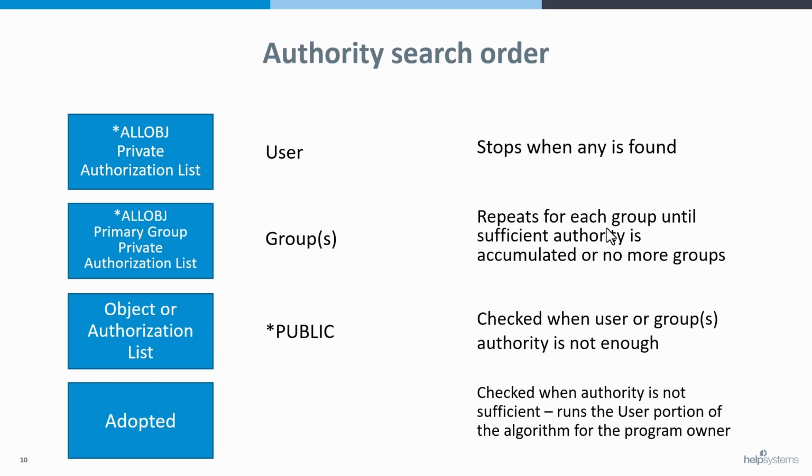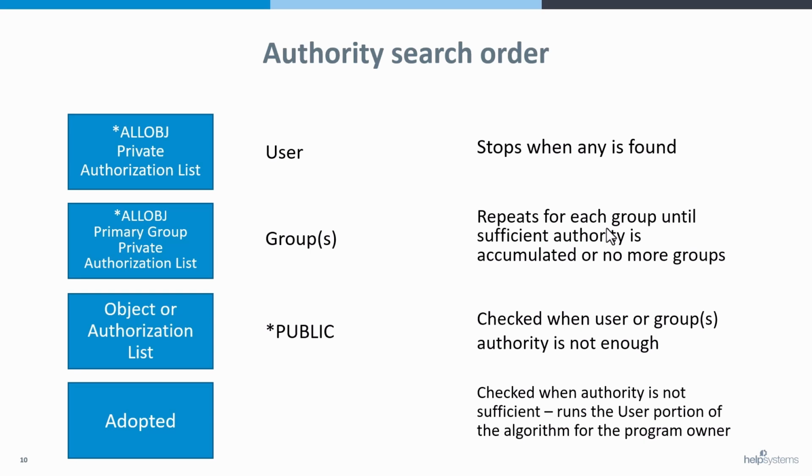If it does, search stops, access is granted, you move on. Then it checks to see if it's a primary group on the objects and has access. Then the private authorities of the object itself, and lastly, the authorization list private authorities. And it does that for each and every group up to all 16 that a user profile could be a member of. Authority is cumulative.